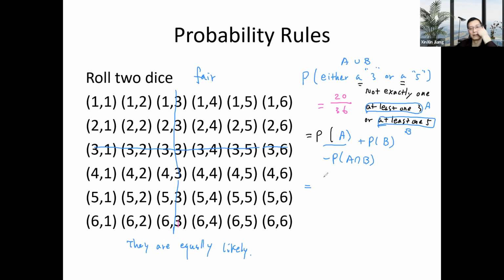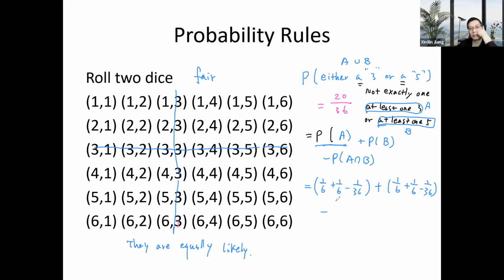But if you don't count, then you have to use the addition rule again. So the probability of, maybe I'll just do that: 1 out of 6 plus 1 out of 6 minus 1 out of 36. I'm using that again. And then for probability B, which is at least one 5, it's the same.